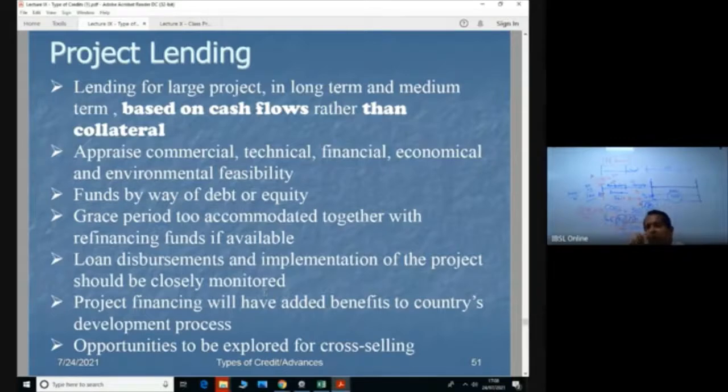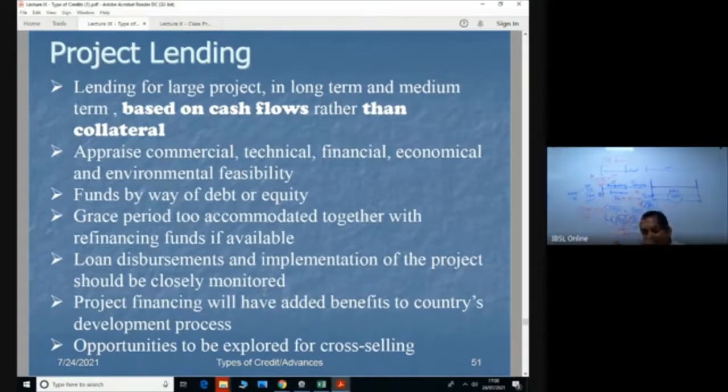When we are looking at project financing, we base it on future projected cash flow. Look at a solar farm. In a solar farm, we predict the future cash flows using the sunlight, the number of units produced, what will be the cost, the number of units producing in the future, and what will be the selling price. Like that, we predict the future.